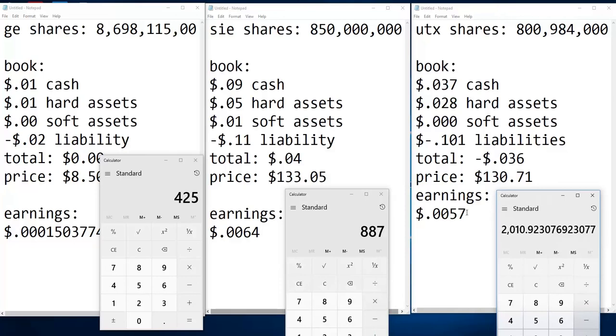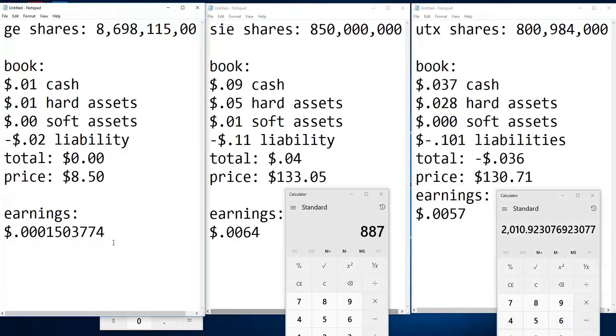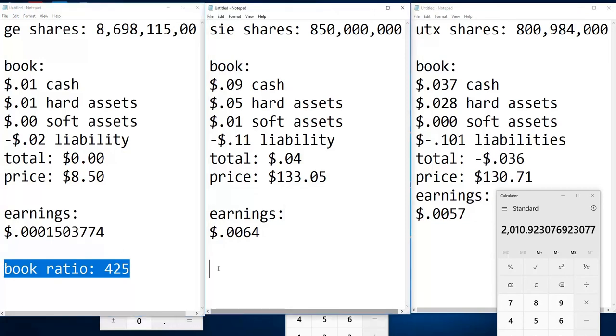But a lot of the reason why is because of the earnings. Okay, so let's just put that here. Book ratio 425, just really good. This book ratio is 887, and this one we got 2010.